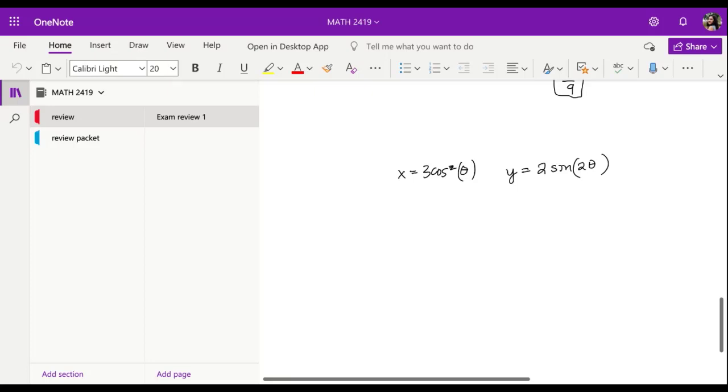Yep. So for a horizontal tangent, we want dy/dθ to equal 0, and dx/dθ should not be 0. Anyone know what it means if both dy/dθ and dx/dθ are 0 at the same time?